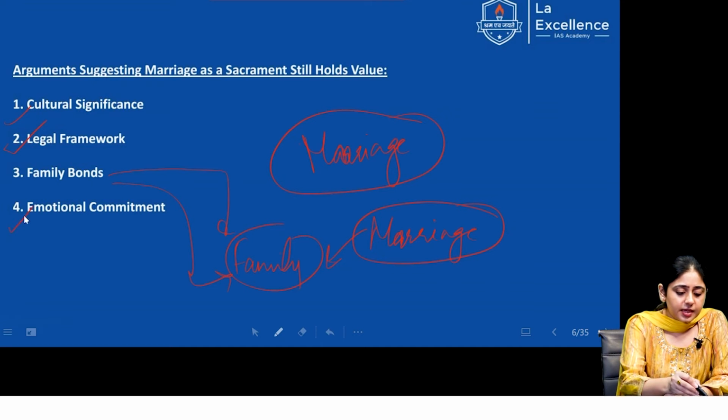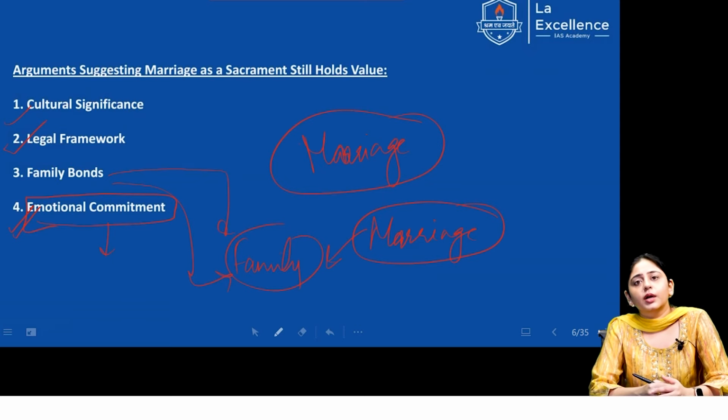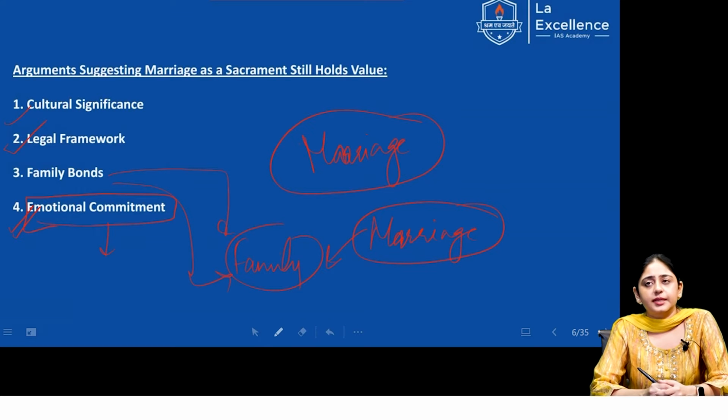Then last is emotional commitment. So in India, if we see, say for example, aged population, in India, still you do not have proper geriatric centers. You do not have proper old age homes. We are still dependent upon our offsprings, on our spouses to take care of ourselves, right?